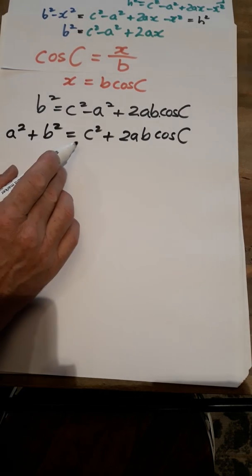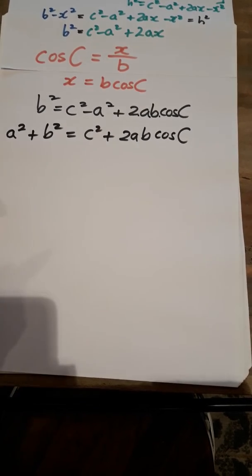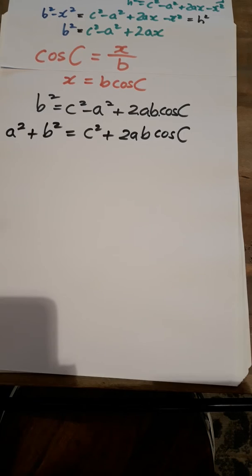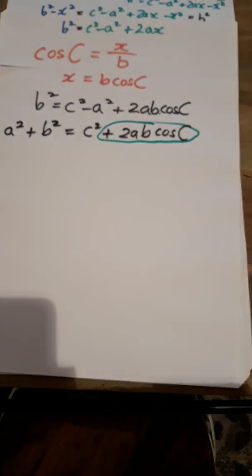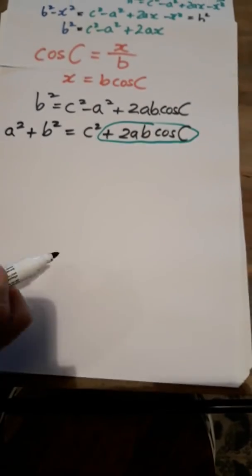I want to get c squared by itself, so I'm going to minus that 2ab cos C. I'm going to minus this whole term off both sides of the equation.